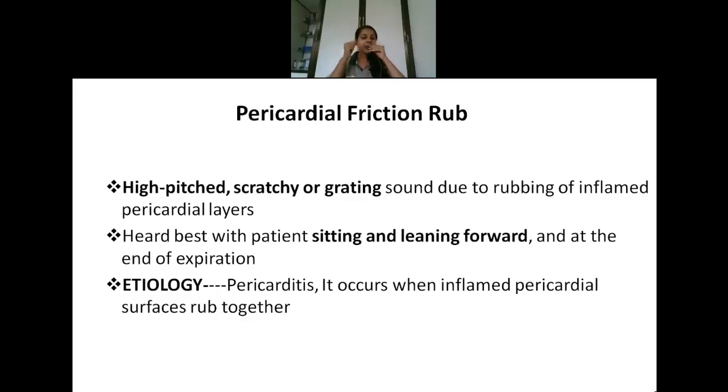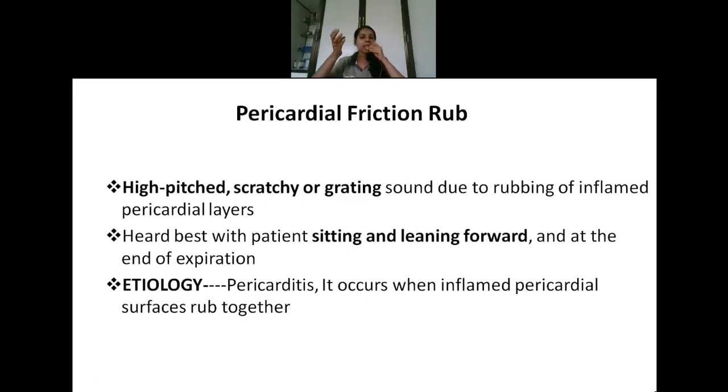So when there is inflammation of the pericardium, the chances are that these layers will be rubbing against each other. When they rub against each other, they produce a scratching or grating sound, which is high pitched. That is called pericardial friction rub. So when the inflamed layers of the pericardium are rubbing against each other, it produces pericardial friction rub.